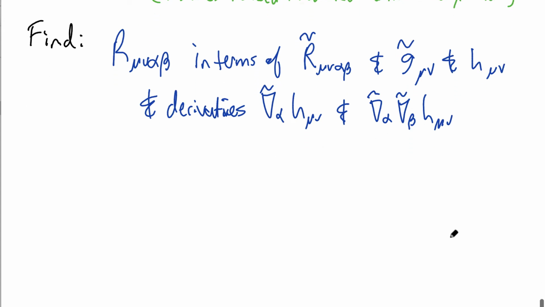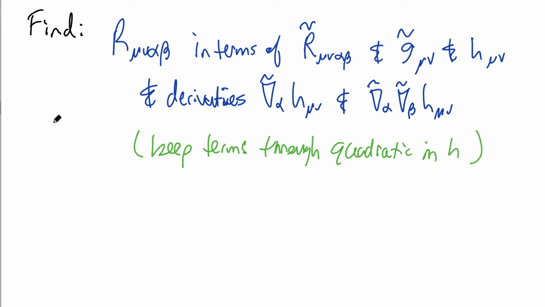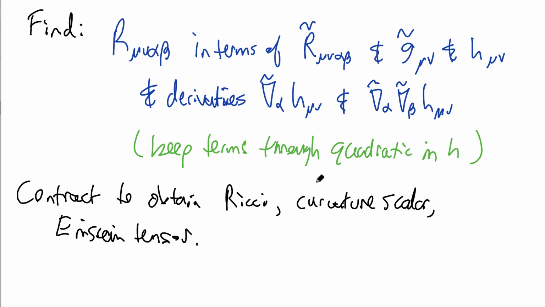And of course here we just keep terms through quadratic order in h. And now that we have the Riemann tensor, we contract indices to obtain the Ricci tensor, curvature scalar, and the Einstein tensor. And of course, always keeping terms through quadratic order in h.